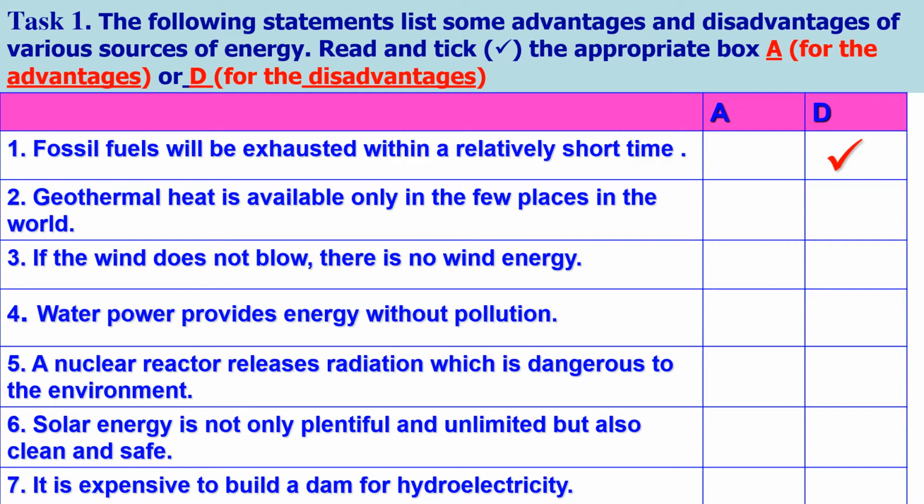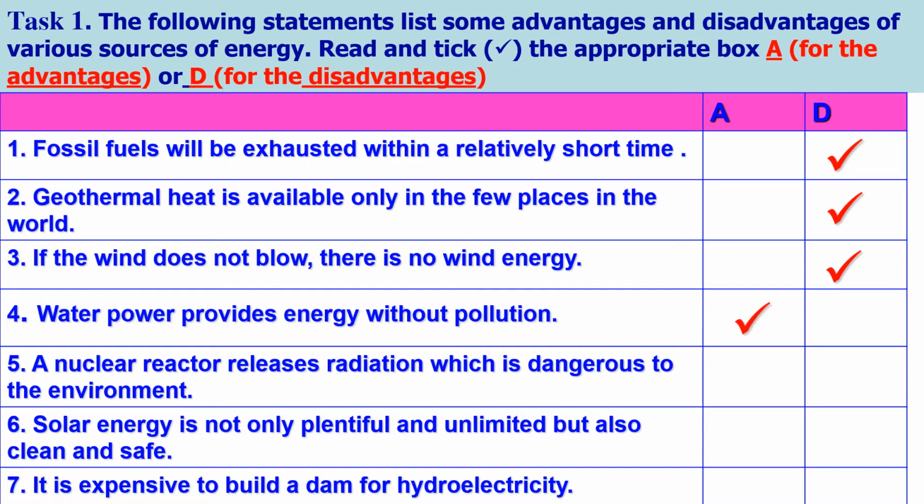One. Fossil fuels will be exhausted within a relatively short time. D. 2. Geothermal heat is available only in a few places in the world. D. 3. If the wind does not blow, there is no wind energy. D. 4. Water power provides energy without pollution.